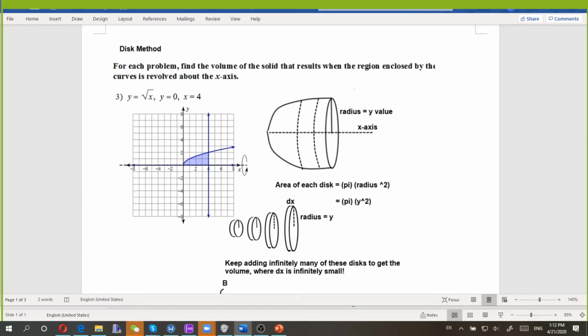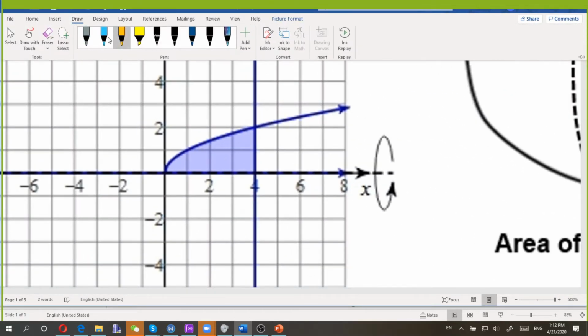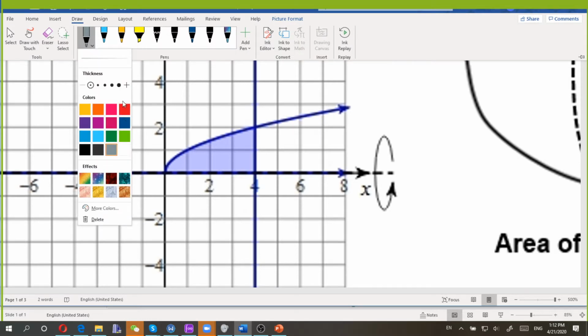So for our first example, I usually start by drawing a box.